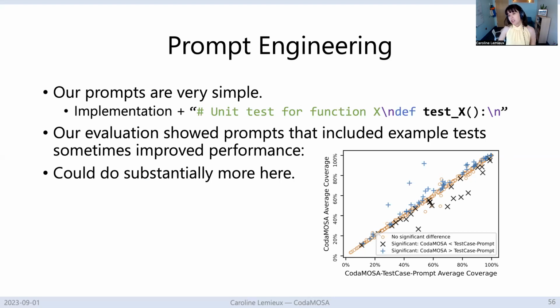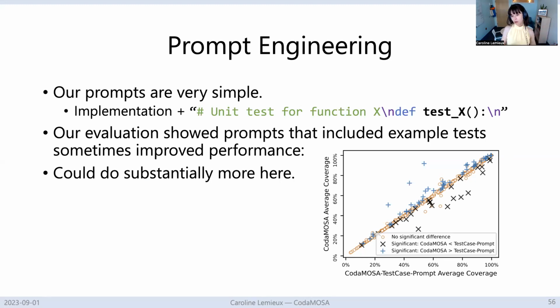And in the evaluation, we did an ablation study where we compared that approach to an approach that was just a little more sophisticated, where it added an example test in between the implementation and this prompt. And that was actually the ablation where we saw the most improved performance sometimes.